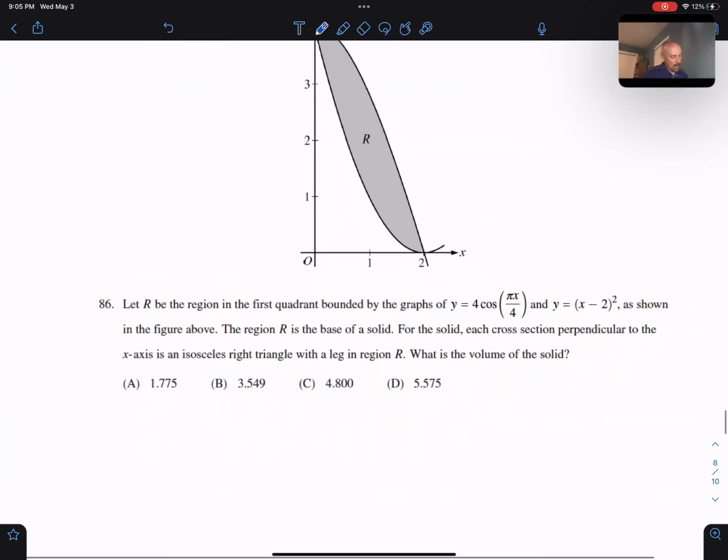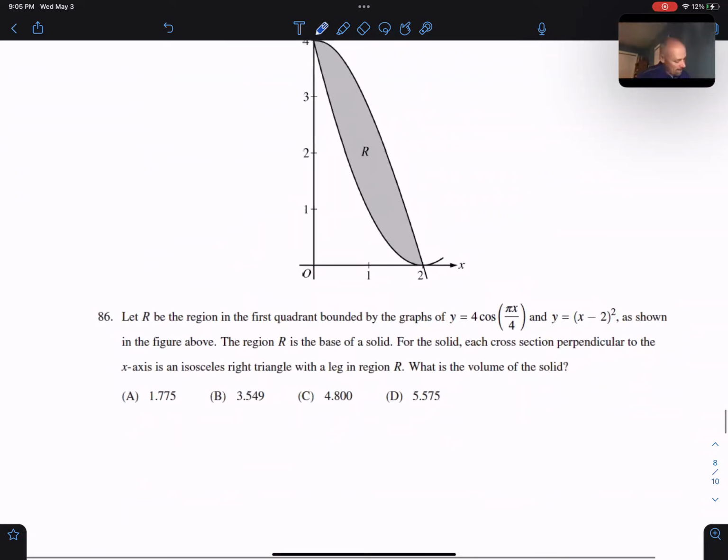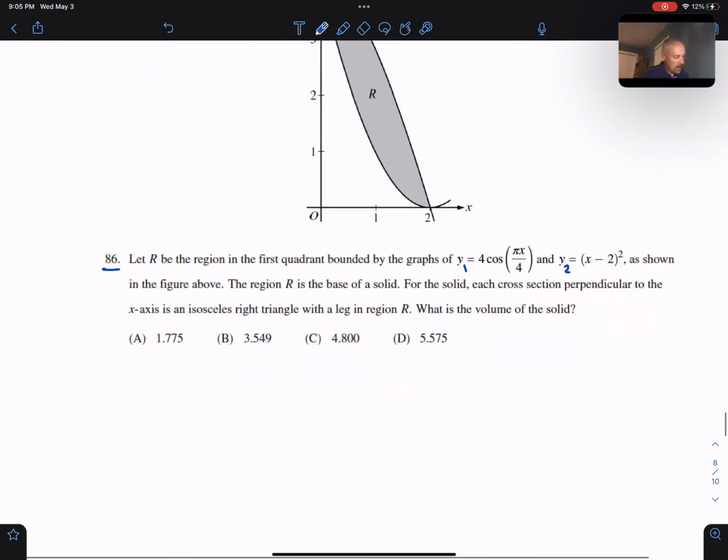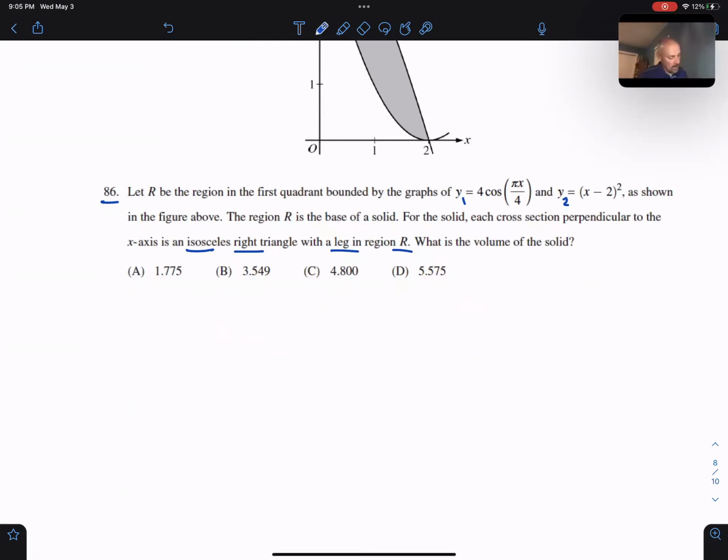Okay, this one here, 86, it's a calculator problem. Let R be the region in the first quadrant bounded by the graphs of y. I'm going to call this y1, and I'm going to call this y2. As shown in the figure above, the region R is the base of a solid. For the solid, each cross-section perpendicular to the x-axis is, I was hoping for a square, an isosceles right triangle with a leg in region R. Okay, the leg, so that's going to be 1/2 as my constant.